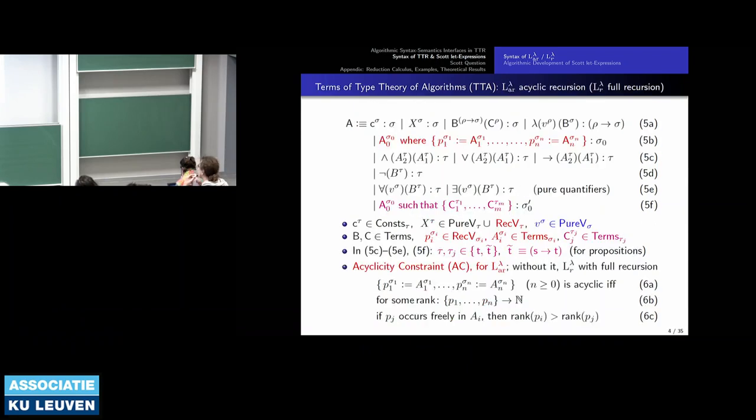So now this is the entire syntactical machinery of the term structure, from 5A to 5F. 5A is the typical lambda calculus. 5B is the magical tool by Moschovakis. I did it in semantics, in semantical structures, but not in formal languages.